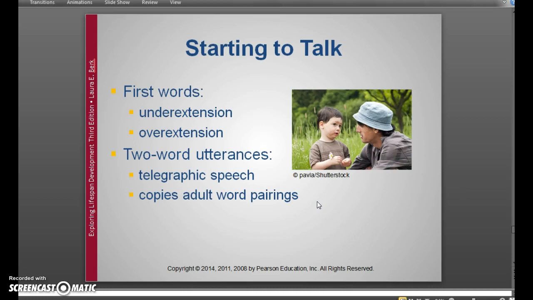They'll have two-word utterances, like "me want." And then they'll begin to copy adult word pairings. So this is where you'll have the little toddler who says an adult phrase that is out of the blue and can be quite entertaining. So those are two-word utterances. You do want to have an idea of what an underextension and an overextension is. These are in your book. Review the definitions.